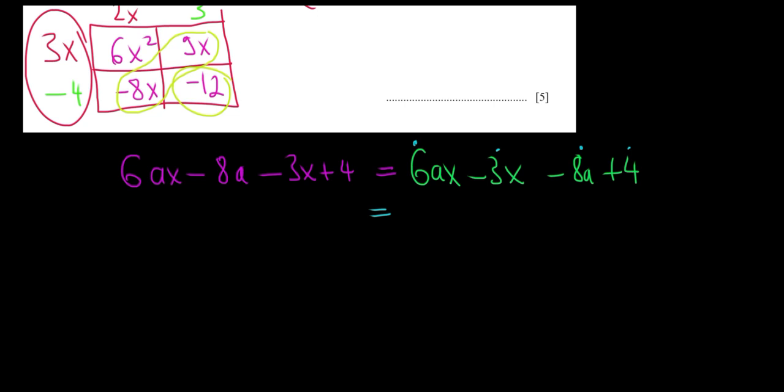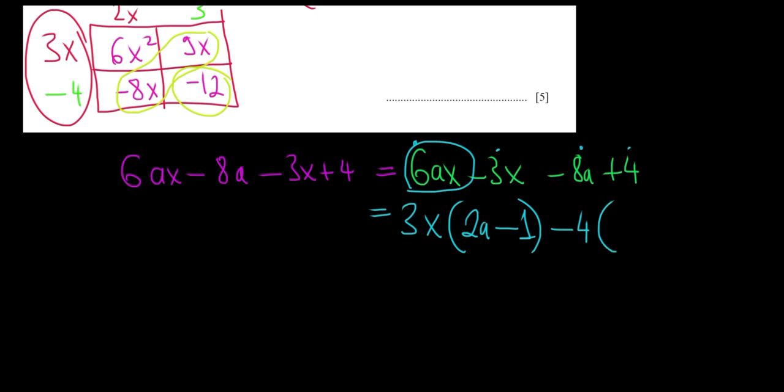If I'm going to factorize the first two terms, I will take 3x as a common factor, and I'll put a bracket. From the first one, I am left with 2a minus. From the second one, I'm left with 1. So that's good. Minus, so I'm just going to write minus 4 bracket, and then out of minus 8a, if I take a common factor of minus 4, how much do I have left? I would have 2a left, right?